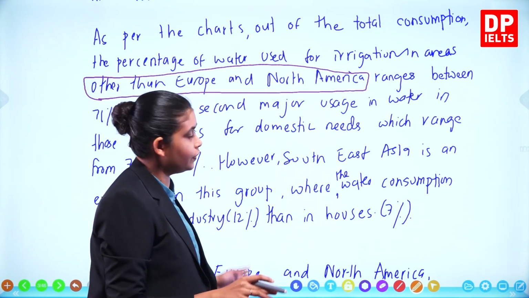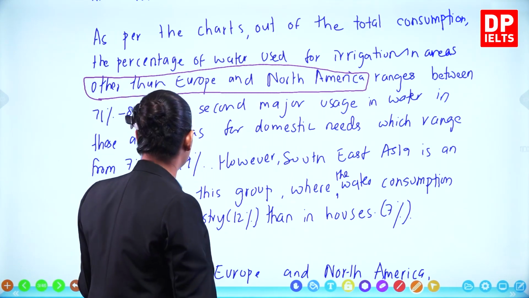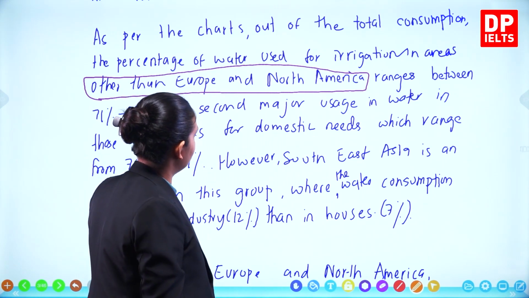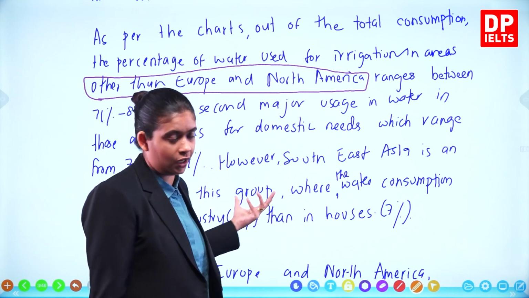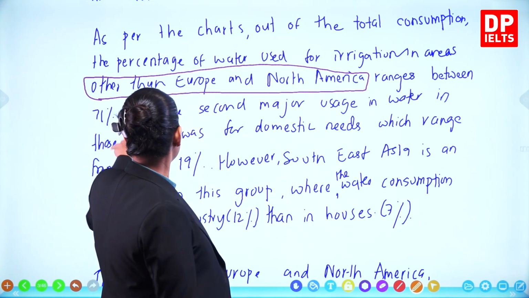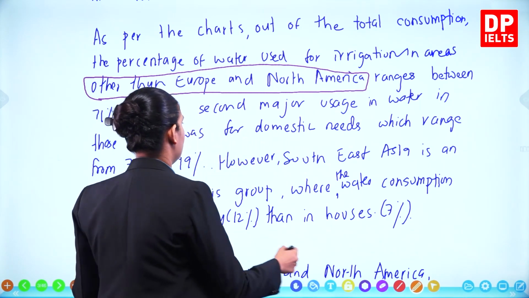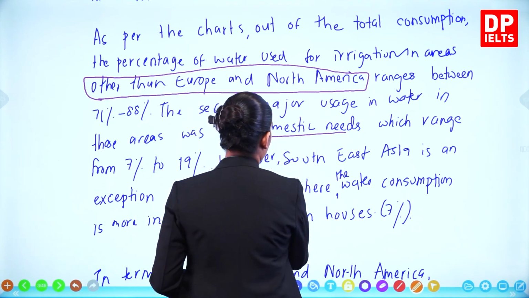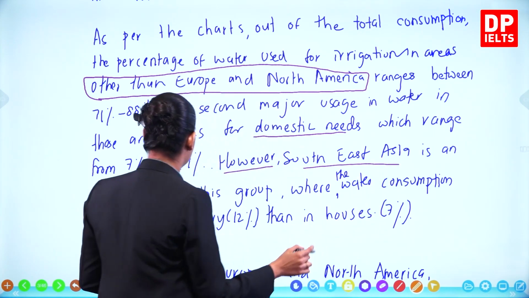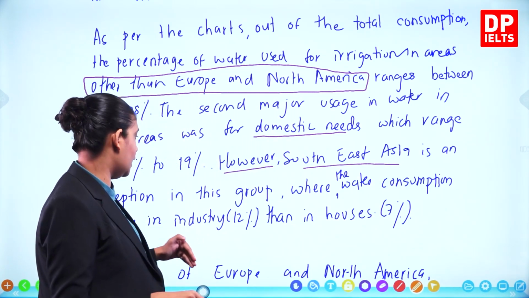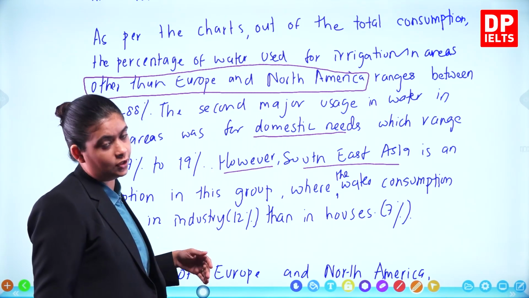Without that, the others use it mainly for irrigation, which is agriculture, and then in these areas they use it next for domestic purposes. However, Southeast Asia is an exception, where they use it more for industrial purposes.